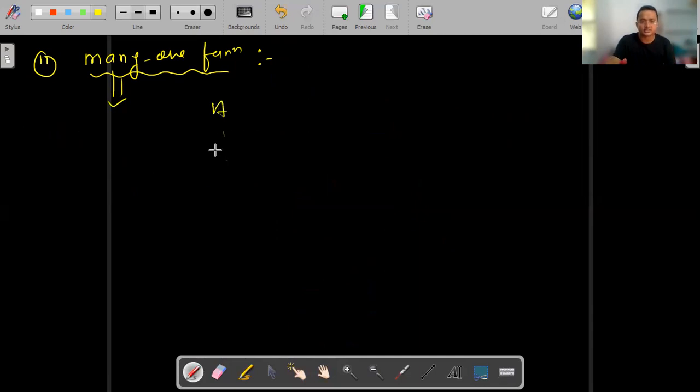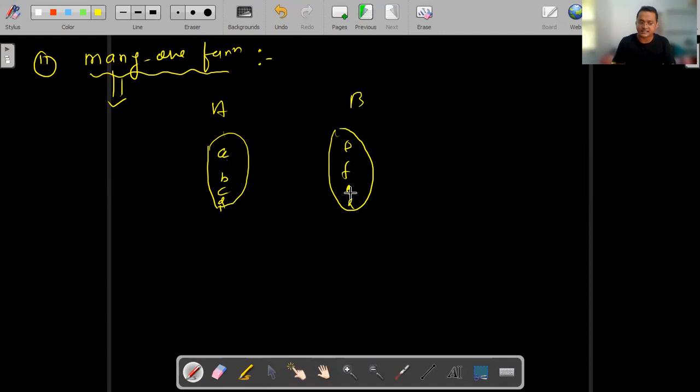Let's say this is set A, and let's say this is set B. So A, B, C and D, and this one is E, F, G, H. These are elements of set A and set B. So I am saying that the definition is: many mapping with one.